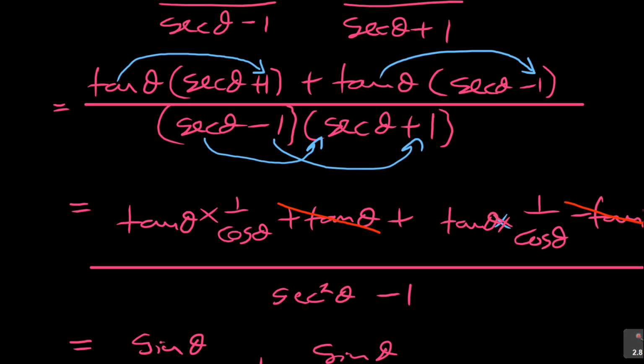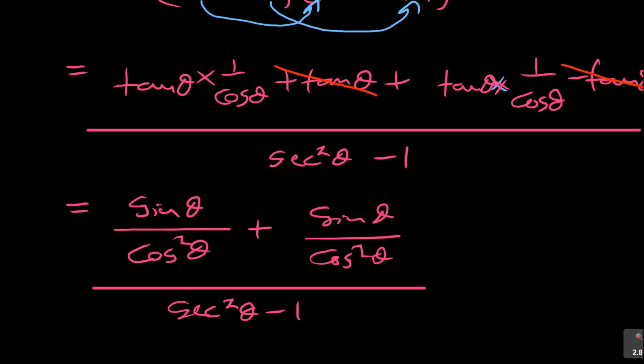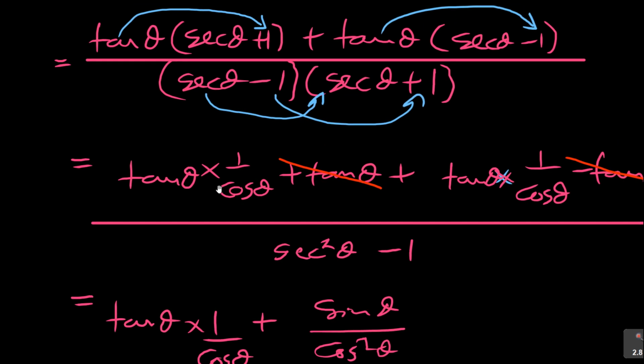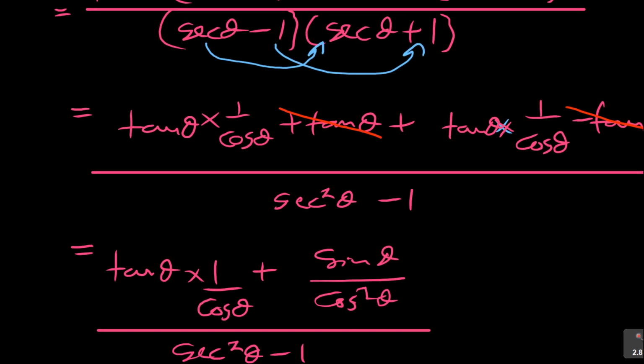So even here I just want to go back and return my tan theta, because here it's just tan theta times 1 over cos theta. I must just retain it as is.